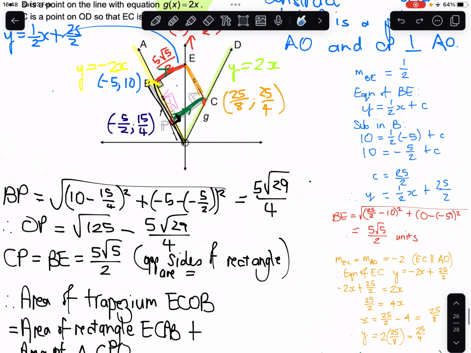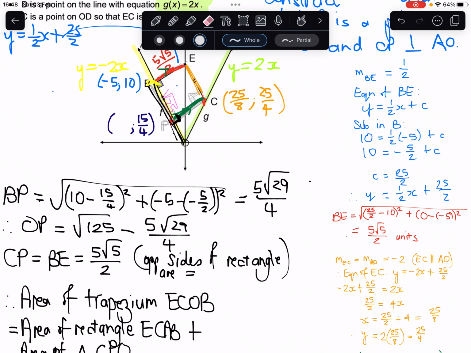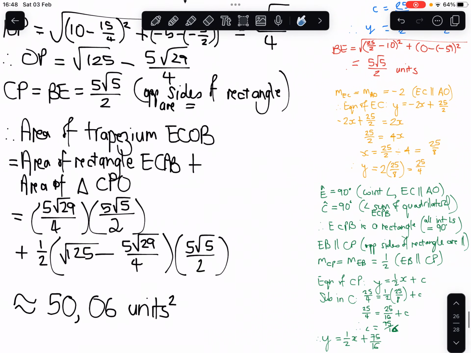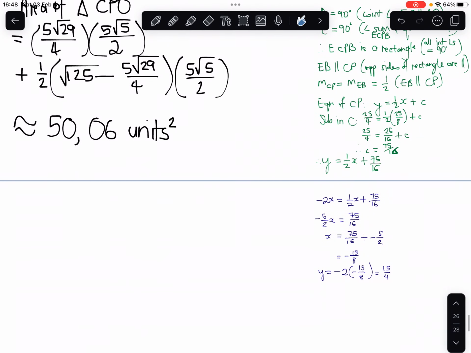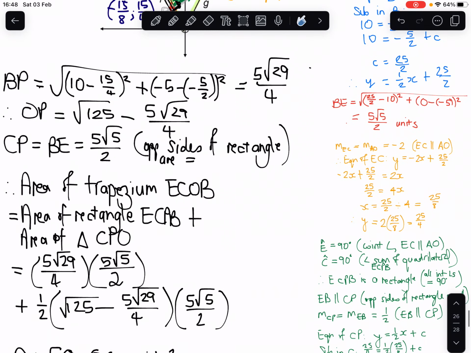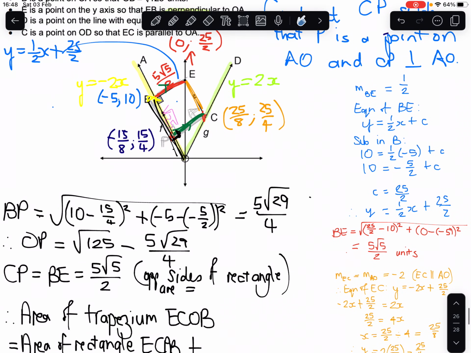Okay, so now there's already... Sorry, oh man, this is such a bad habit. I need to stop sniffling. Okay, so this is probably where I made my mistake. So negative 15 over 8 is the x-coordinate and 15 over 4 is the y-coordinate.